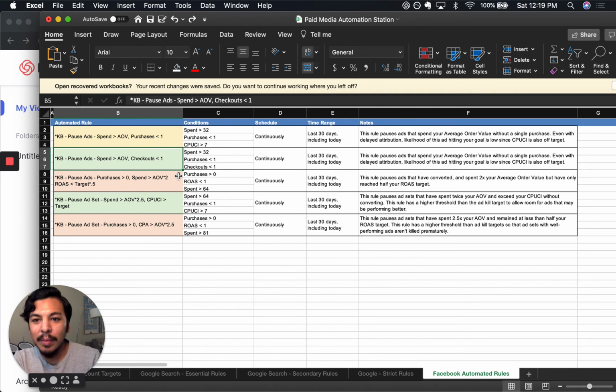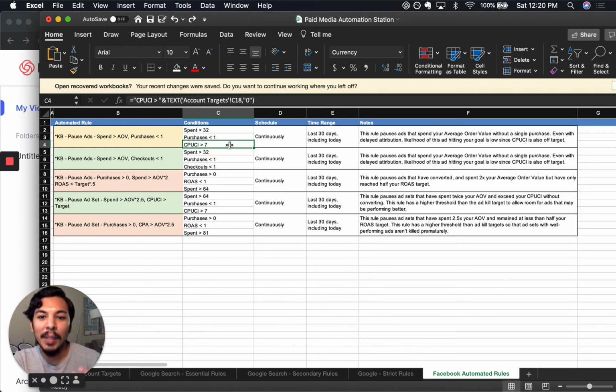And in this case, pause ads if our spend is greater than average order value, checkouts are less than 1, and purchases less than 1. This is really just a second assurance on top of this rule, because I was finding that in some cases, if I had an ad that generated really nothing, with no checkouts, but my spend was still getting high, because I had this criteria in there, the rule wouldn't run.